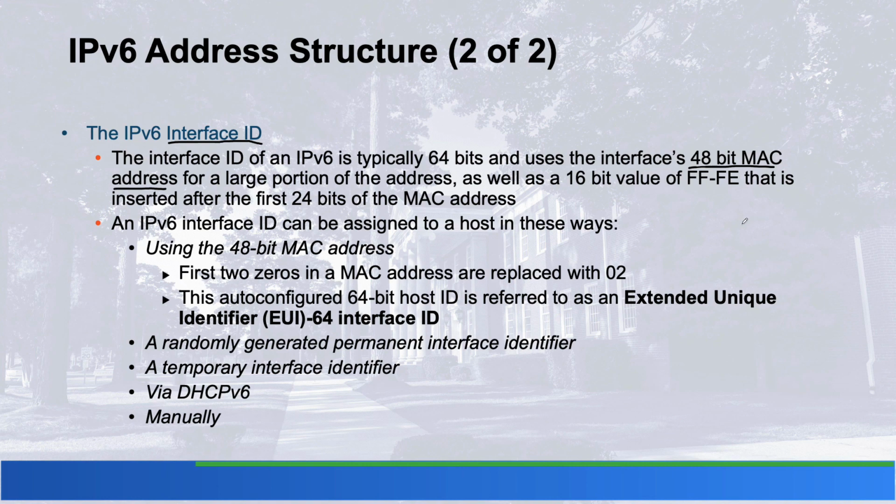The last 16 bits are going to be used for a value FFFE, and so it's just going to fill it in with zeros and ones, a prefix. So the last part of your address that we typically use with version 4 as a host address is going to be built using your MAC address, so that we don't have two computers with the same IP version 6 address. It builds it from your MAC address.